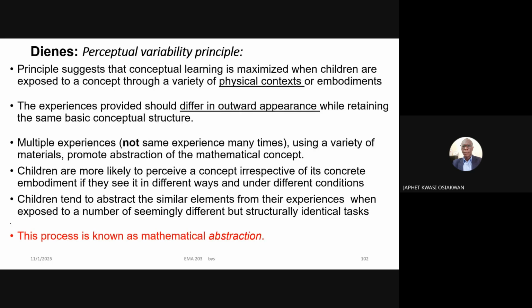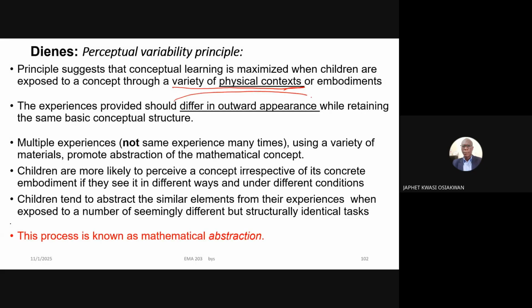Okay. Any question on that? So the principle suggests that conceptual learning is maximized when children are exposed to a concept through a variety of physical contexts or embodiments. The experiences provided should differ in outward appearance.